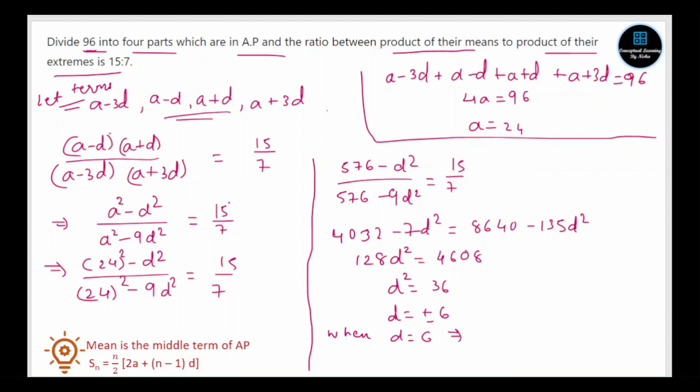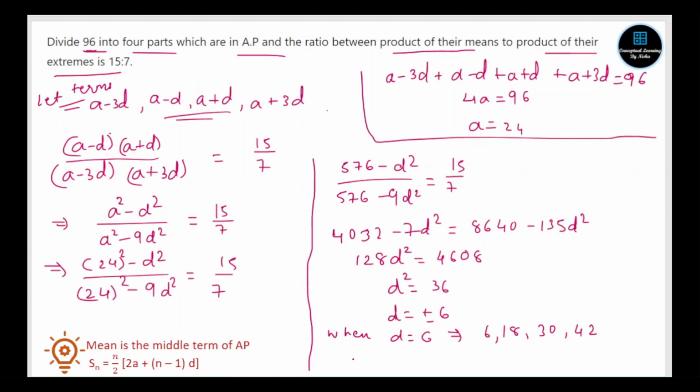So a minus 3d: multiply d with 3, so 18, and 24 minus 18 gives you 6. Then 24 minus 6 gives you 18, correct? And then 30 and 42.